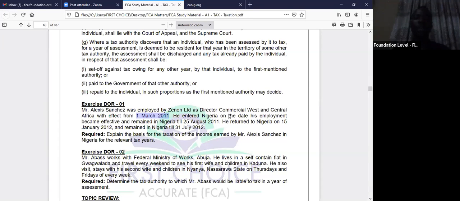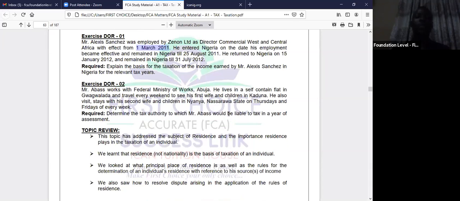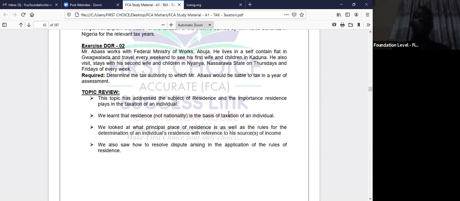Okay? All right, so as a form of review, we have seen what residence is and the importance of residence over nationality as the basis for taxation.